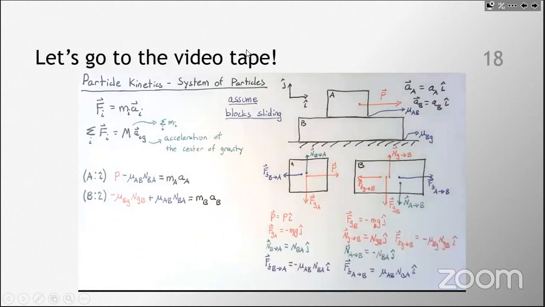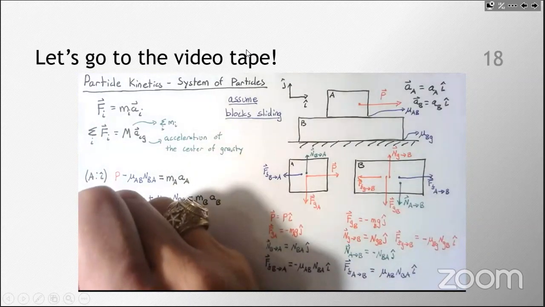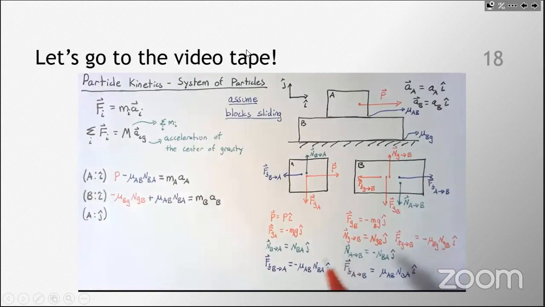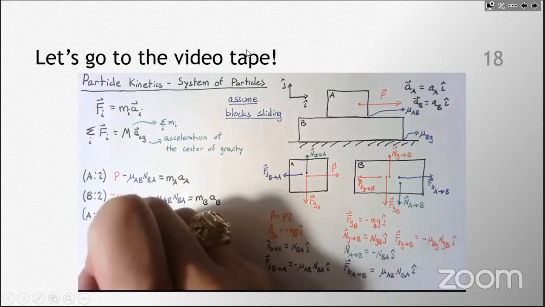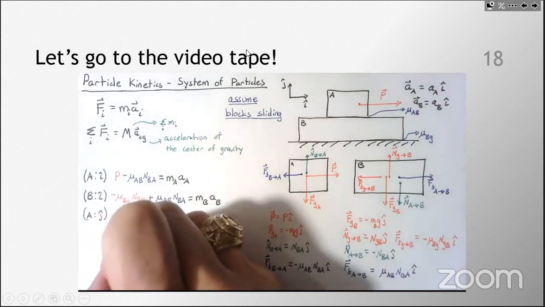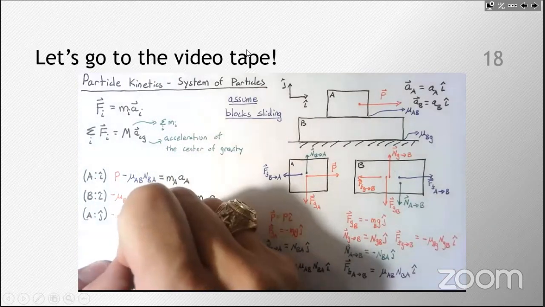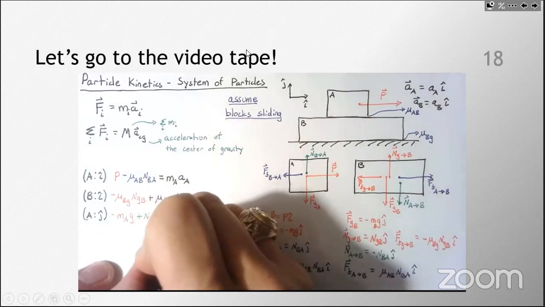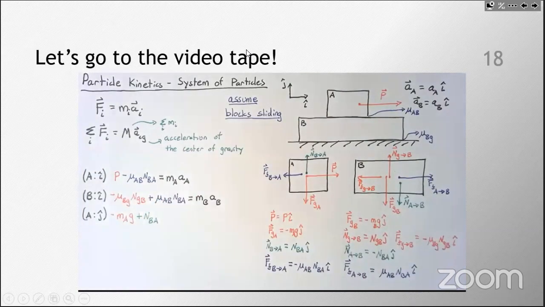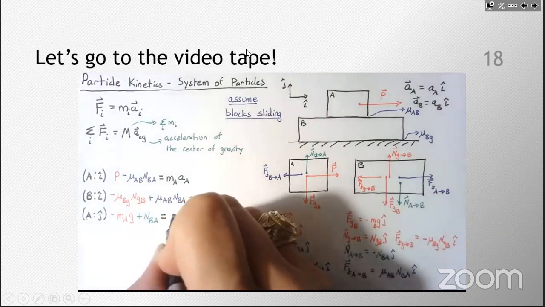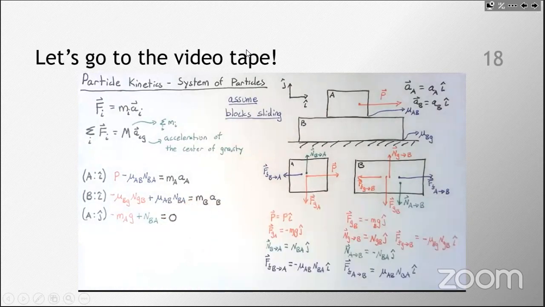All right, so now let's look at A in the j direction. Our only external force in j is this m_A g. So this is negative m_A g, and then we have N_BA also in j. So we'll have plus N_BA, and we don't have any acceleration in j, so the right-hand side is just going to be 0.